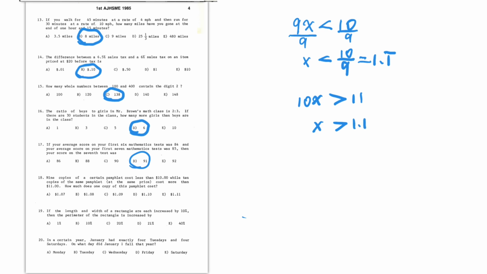Now we put them together: x greater than 1.1 and less than 1.1 repeating. Repeating means the 1 goes on forever. For the answer, only 1.11 satisfies this inequality. So the answer is E.